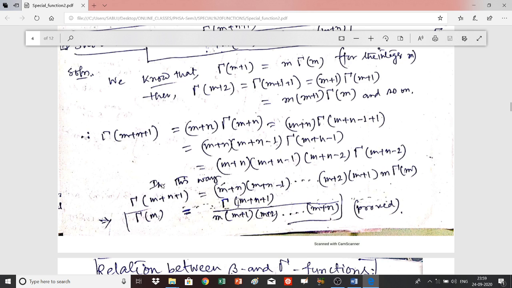So in this way, if you consider all the terms in this series, or all the values of this gamma function, that will give you gamma m plus n plus 1, that is the first term m plus n, then m plus n minus 1, then m plus n minus 2, then m plus n minus 3. In this way, it goes up to m plus 2, then m plus 1, and finally it will give you m gamma m.